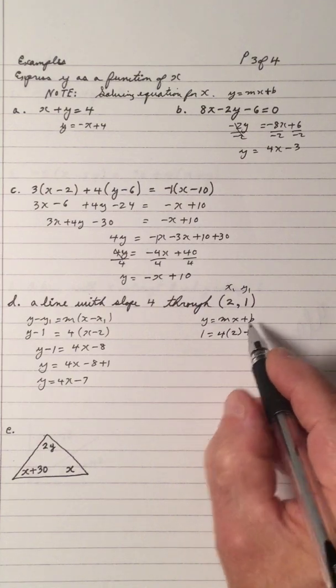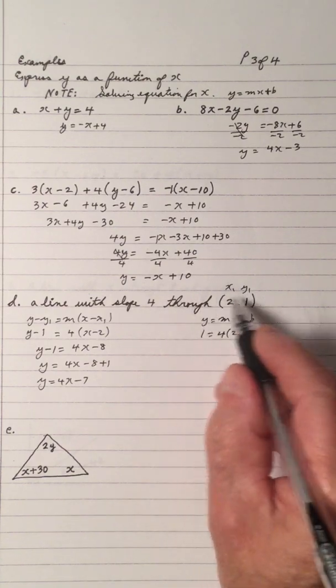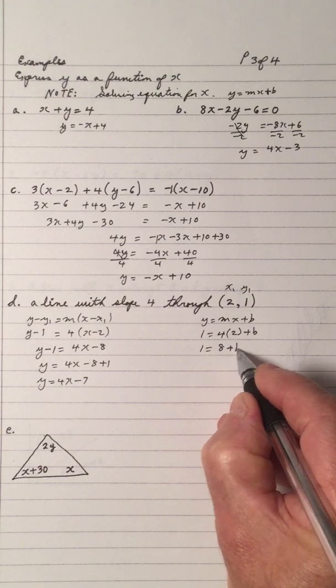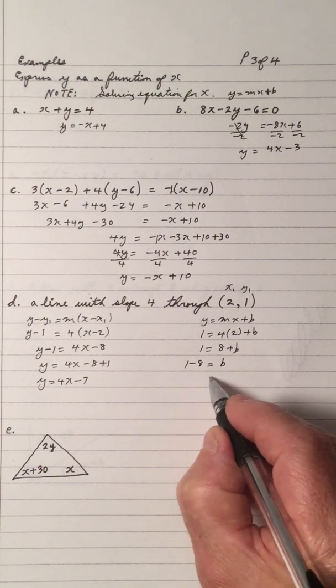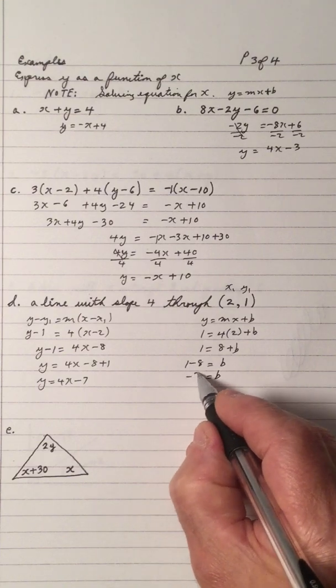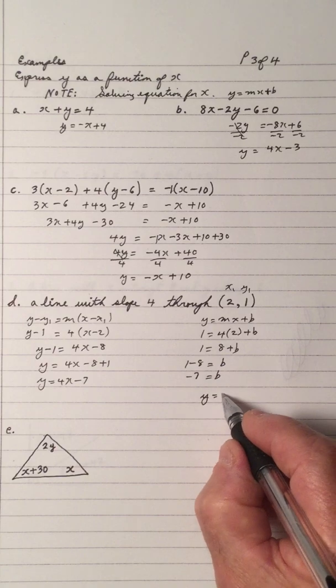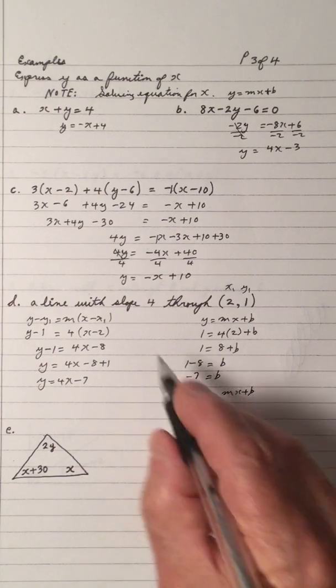So we sub those three numbers in for those variables, we get 1 equals 8 plus b. Leave the b where it is, 1 minus 8. So b becomes negative 7. So y equals mx plus b. So y equals, the slope is 4.